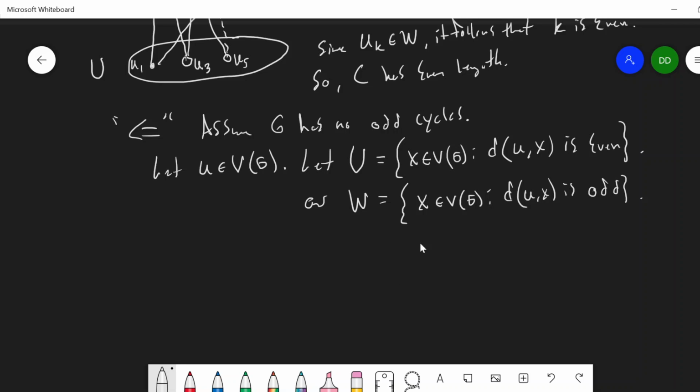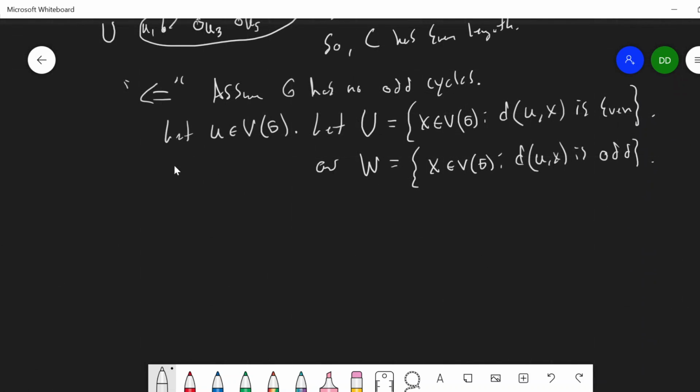Okay, so we know G has no odd cycles. We've collected all these vertices, I claim that these are my partite sets. So the claim is that G is bipartite with partite sets U and W. Okay, so how do I prove this claim?